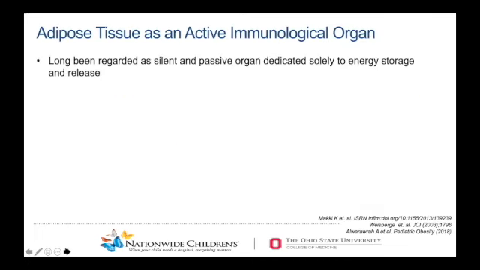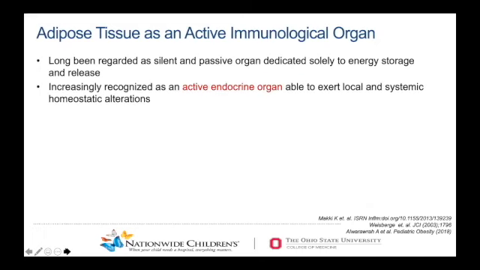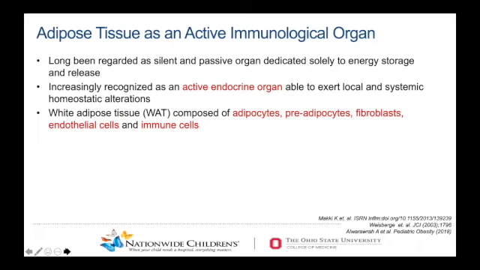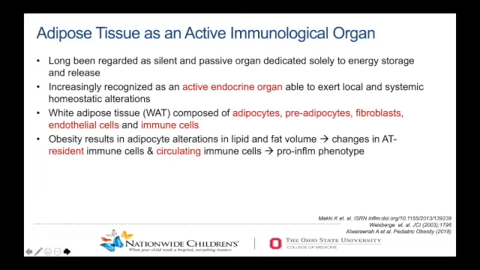So adipose tissue has long been regarded as silent and a passive organ dedicated solely to energy storage and release. However, it's increasingly recognized as an active endocrine organ able to exert local and systemic homeostatic alterations. White adipose tissue in particular is composed of adipocytes, pre-adipocytes, fibroblasts, endothelial cells, and immune cells.